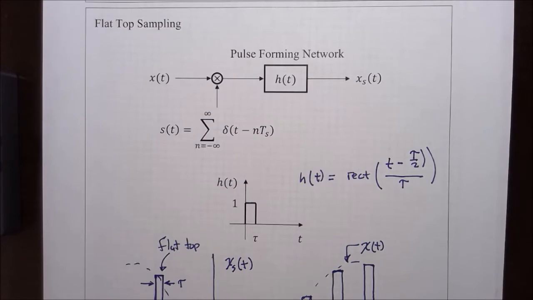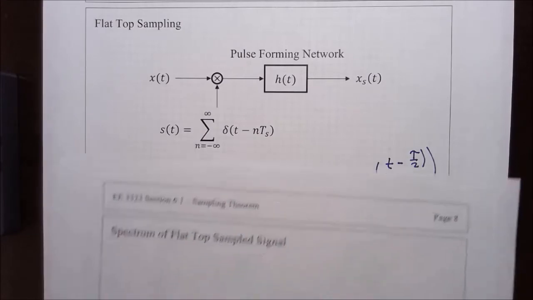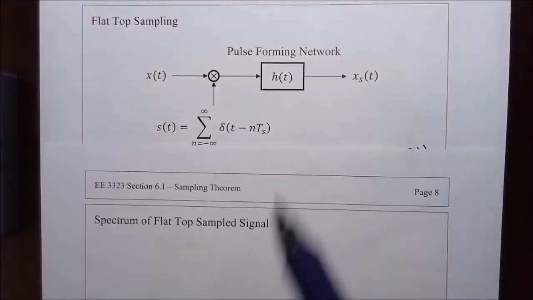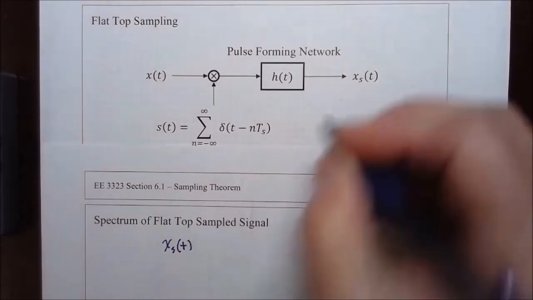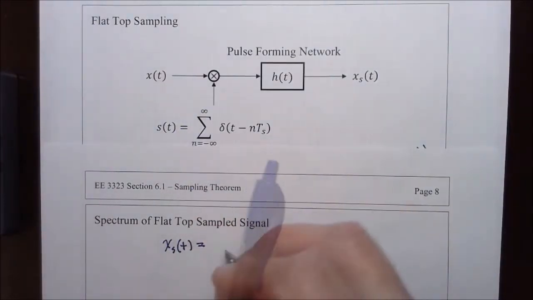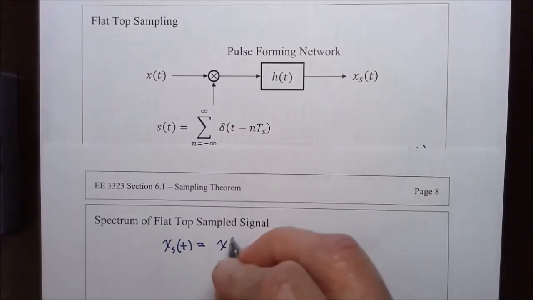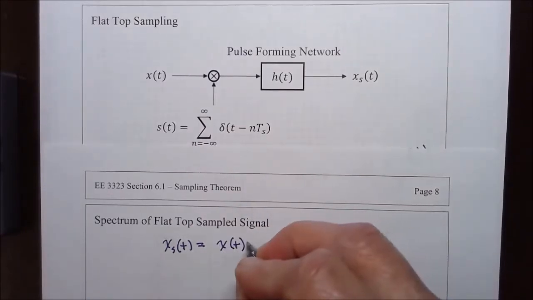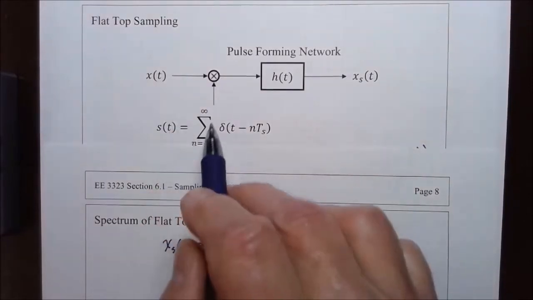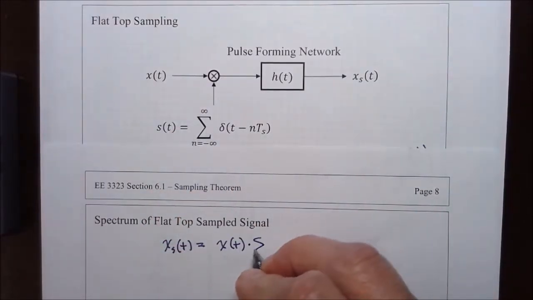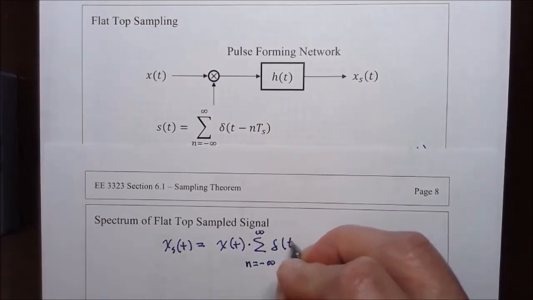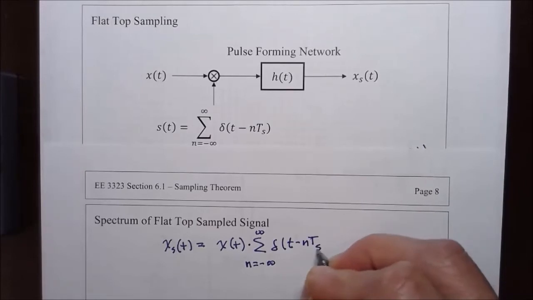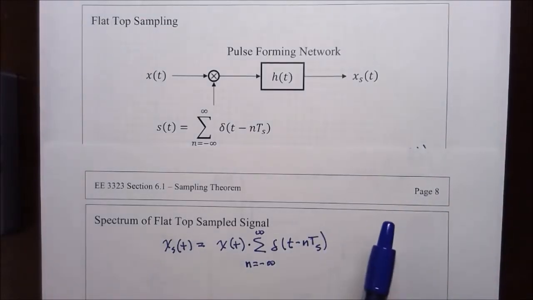So let me write down the equation for this time signal. This is going to be the input, x of t, multiplying our sampling signal, which is a train of delta functions with sampling period T sub s.